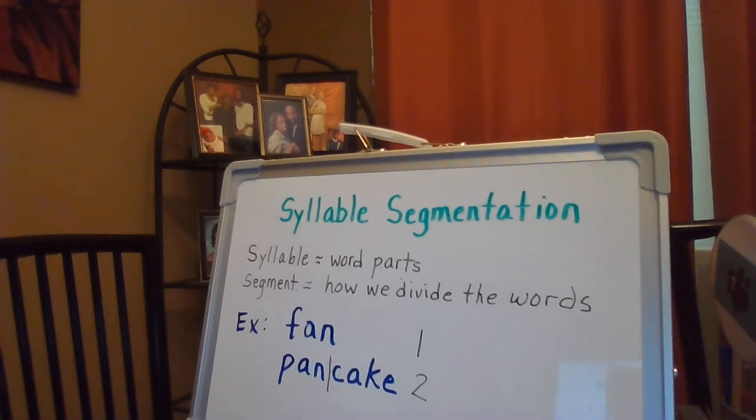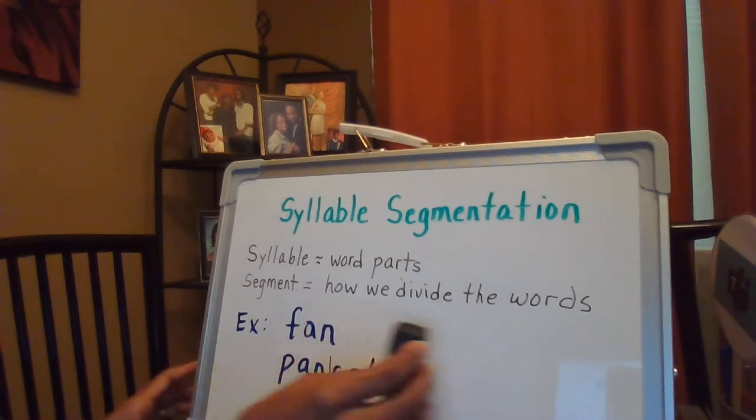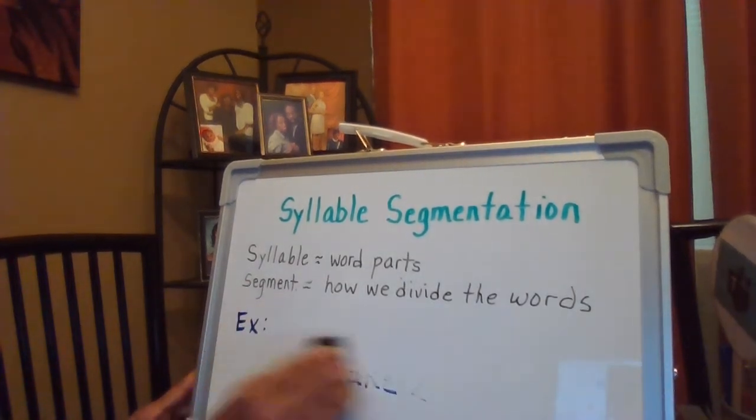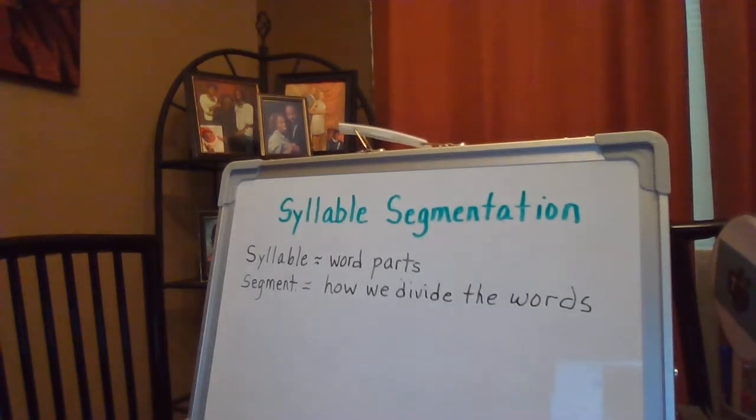So I'm going to erase here. And then I'm going to say the word. So, for example, little. The word is little. Little. How many syllables did you hear in that word?